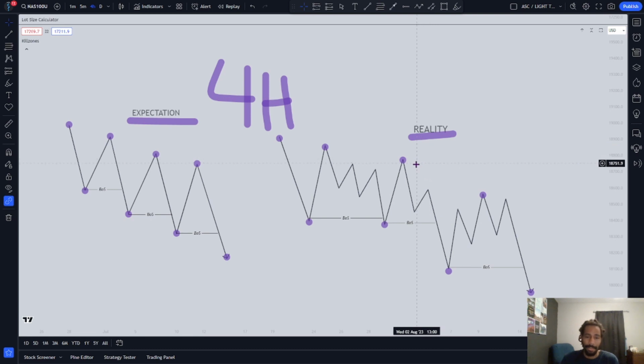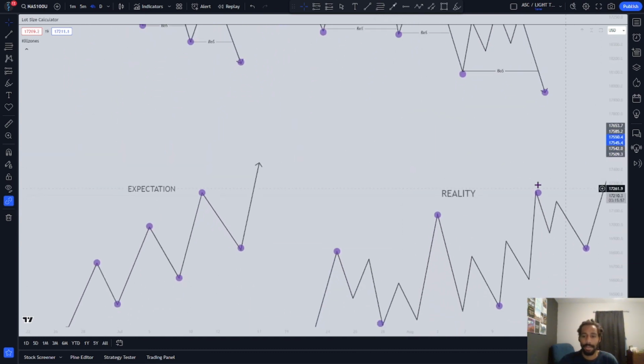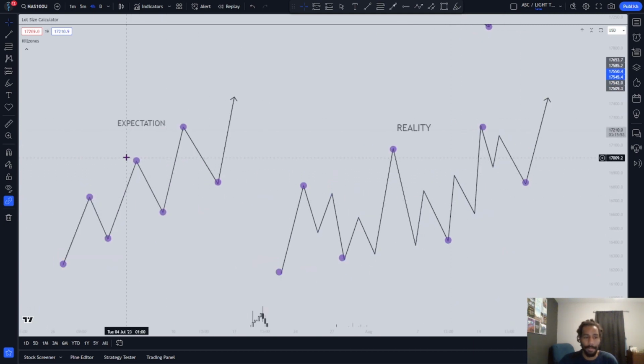It'll always look something more like this reality style, when there's a bunch of minor and major pullbacks and fractal structure, and then it's continuing in its intended direction. So this is a scenario of bearish sentiment, and I'll show you guys a scenario of a bullish sort of sentiment. So here we have the same thing.